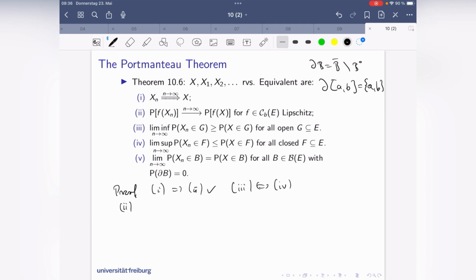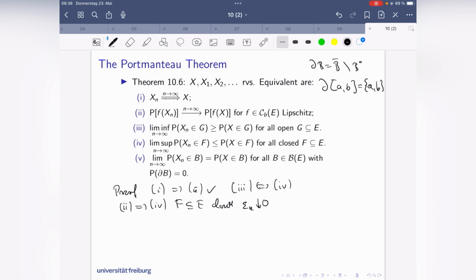2 implies 4, for example. I need F is closed. Epsilon k is a sequence which goes to 0.